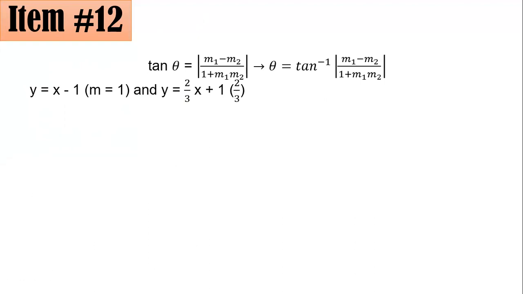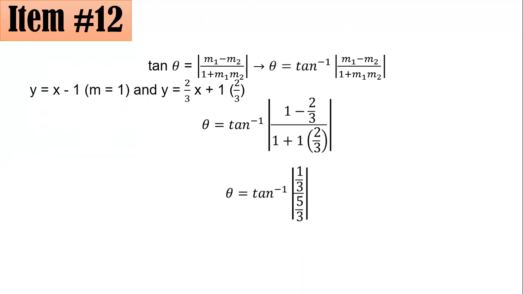Okay? So with such, theta is equal to tangent inverse of 1 minus 2/3 all over 1 plus 1 times 2/3. 1 minus 2/3 is simplified to 1/3. 1 plus 2/3, this is 2/3 here. 1 plus 2/3 becomes 3/3 plus 2/3 or 5/3.